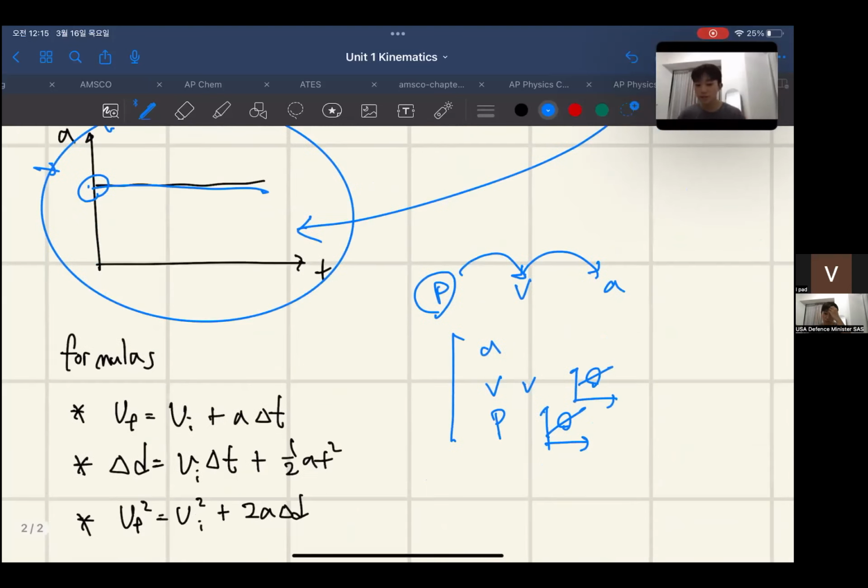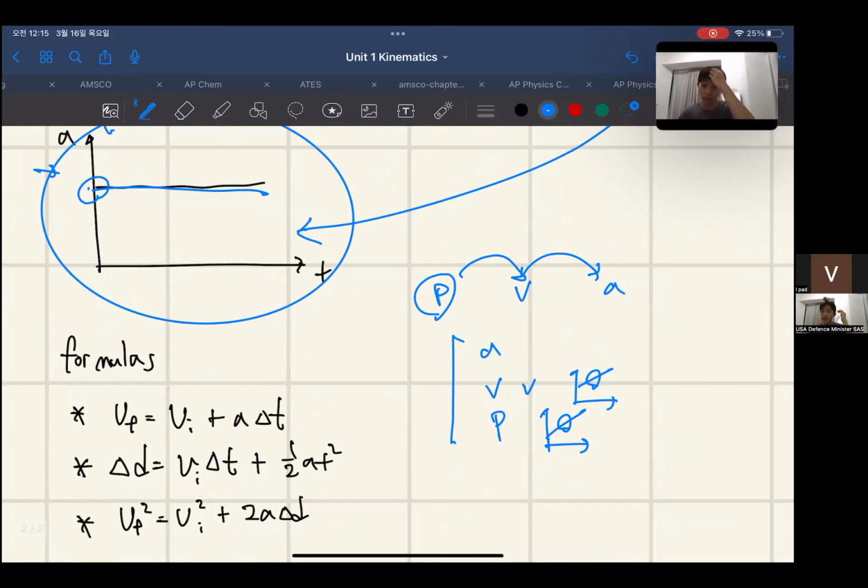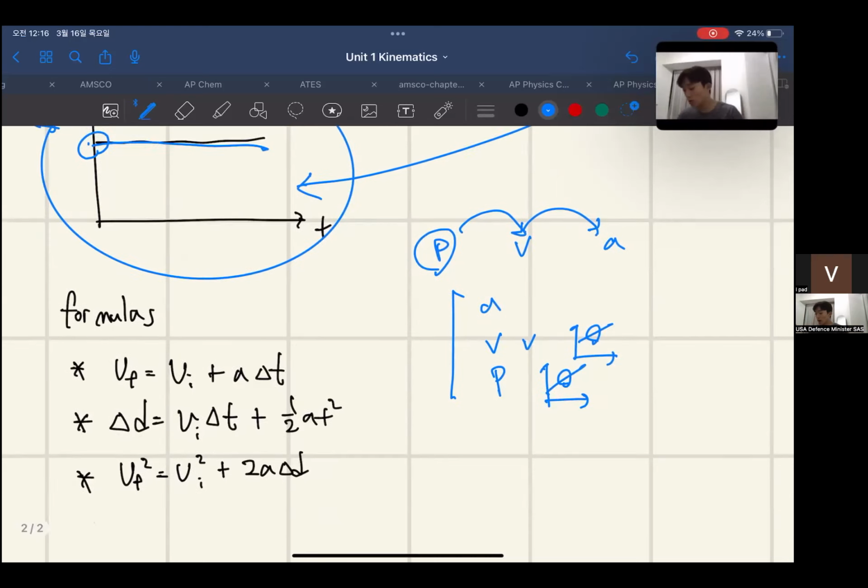So this is one easy way to memorize, but it's not too hard to mind process it. I recommend that you not just memorize it blindly, but try to understand how an object moves and use that understanding to find a relationship between P, V, and A. But if you find the mind processing harder than just memorizing, then this is the shortcut.